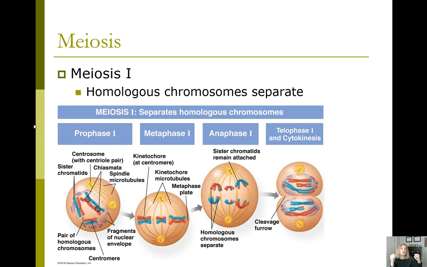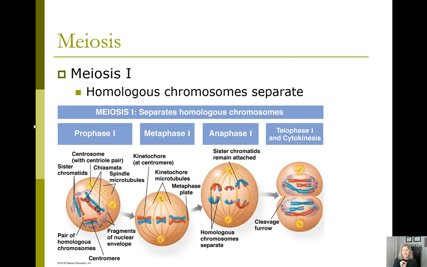And then those 2 cells go through prophase part 2, metaphase part 2, anaphase part 2, and telophase part 2. Then each individual daughter cell divides into 2 more cells. So that's where we get the 4. If you remember what happens in prophase, metaphase, anaphase, telophase, it's going to be very similar, okay?